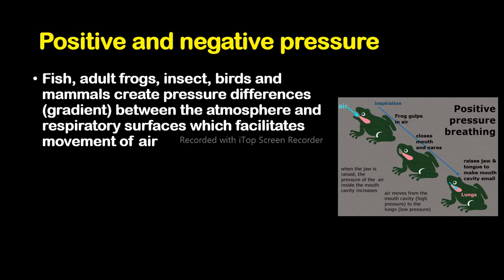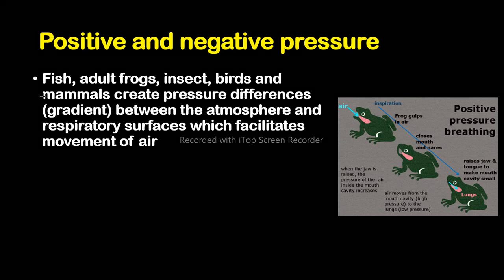And it is used in fish. For example, fish open their mouth and swallow water. Then after swallowing water, they close their mouth and push the water into the aperture cavity. The same applies to adult frogs, insects and mammals.